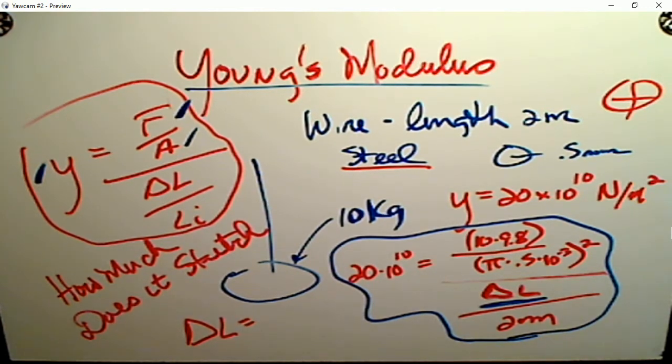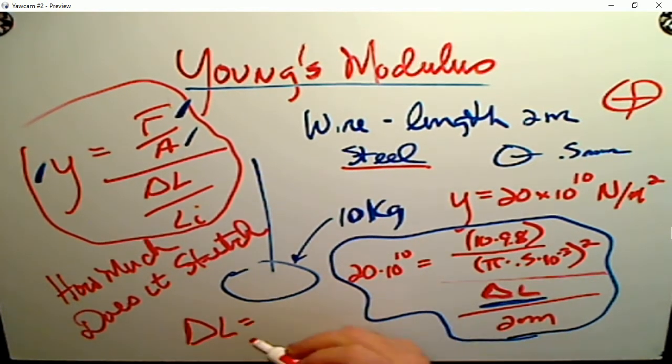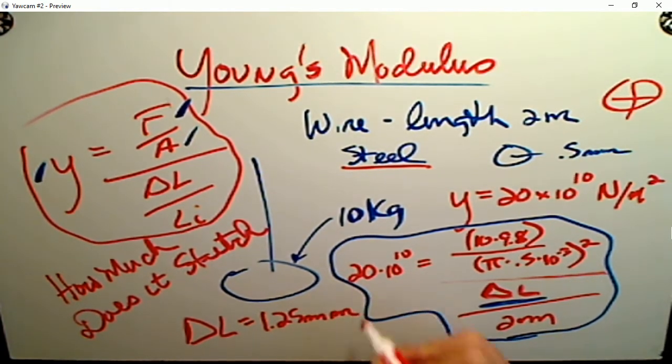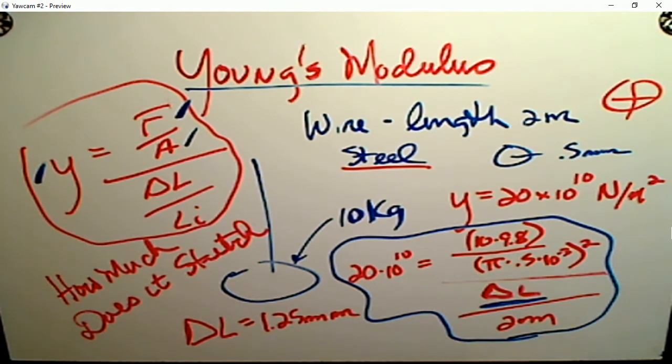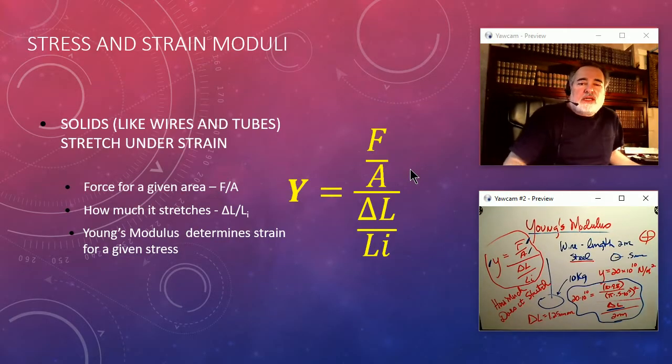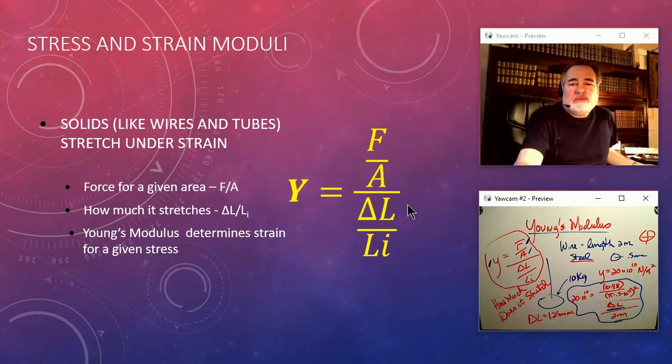So if you figured that out after pausing this, you should get something like 1.25 millimeters. So that's Young's modulus in a nutshell. And as you see, we have 5 variables here. And the problem may have 4 of the 5 variables, and you're solving for the 5th.